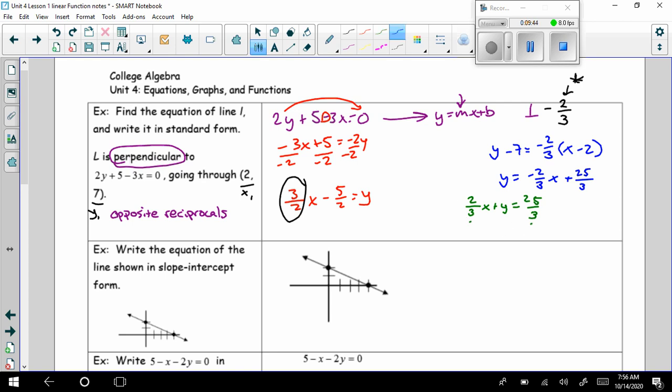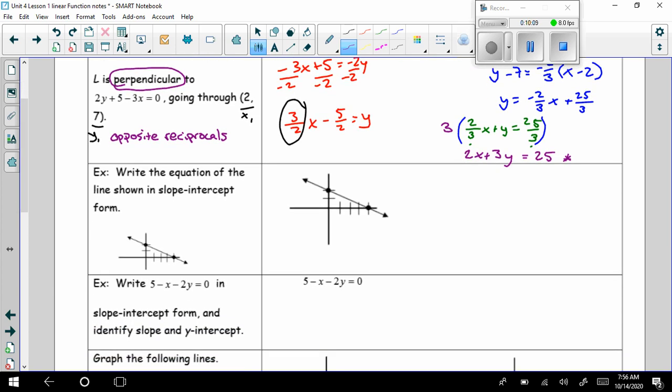And so to get this into standard form, I need to actually multiply through by that denominator to get rid of the fraction. So like we did in Unit 1, clear your fractions out, so that you get 2x plus 3y equals 25, and this would then be standard form.